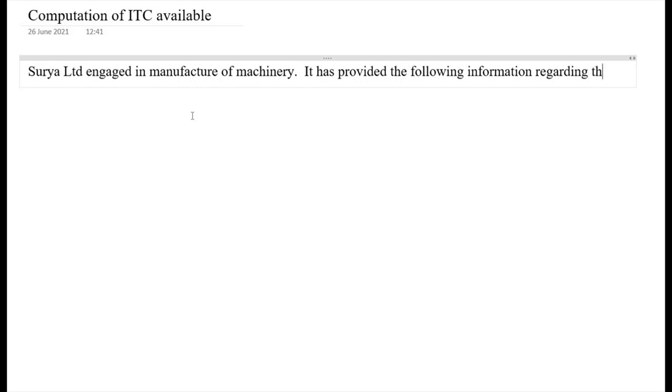The question is: Surya Limited, engaged in manufacture of machinery, has provided the following information regarding the items procured by it.